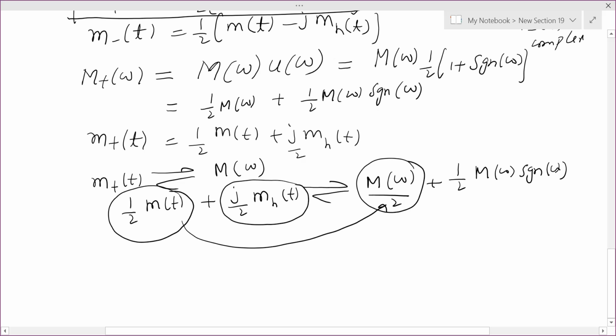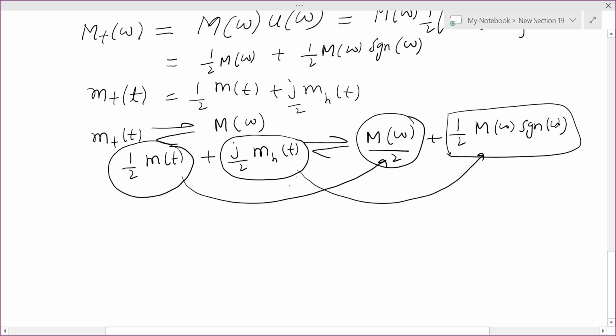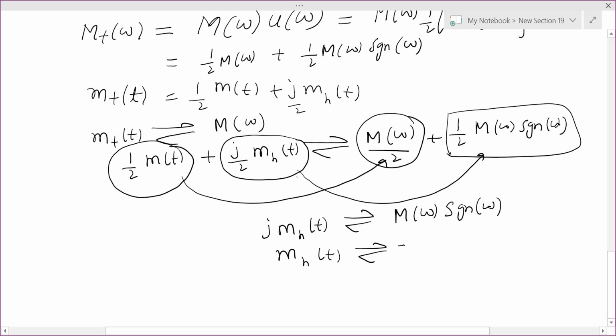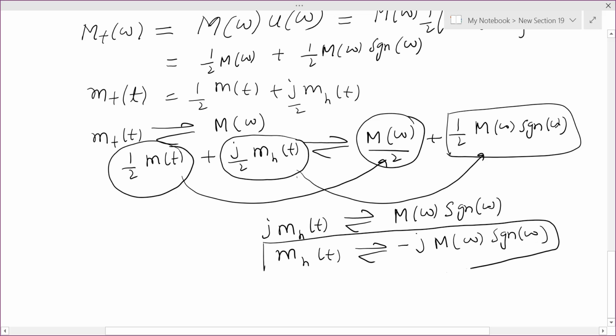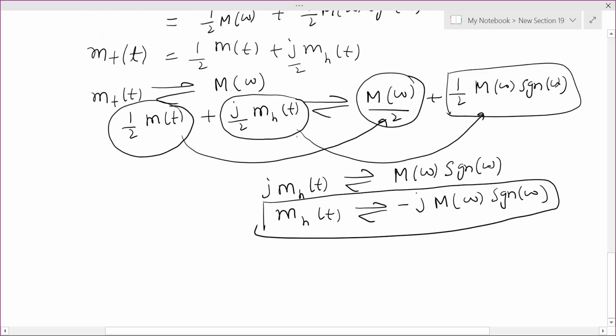Hence j mh by 2 has Fourier transform half M of omega Signum omega. In other words, j mh of t has Fourier transform M of omega Signum of omega, or if I multiply by j on both sides, I get mh of t has Fourier transform minus j M of omega Signum of omega. See, I have got the Fourier transform of mh of t.